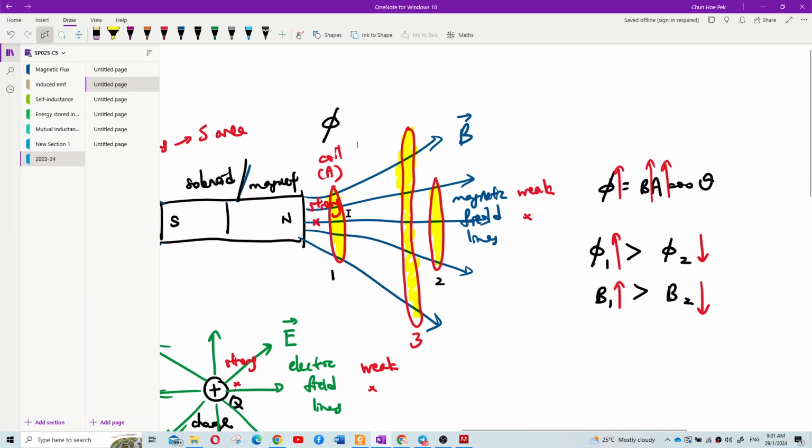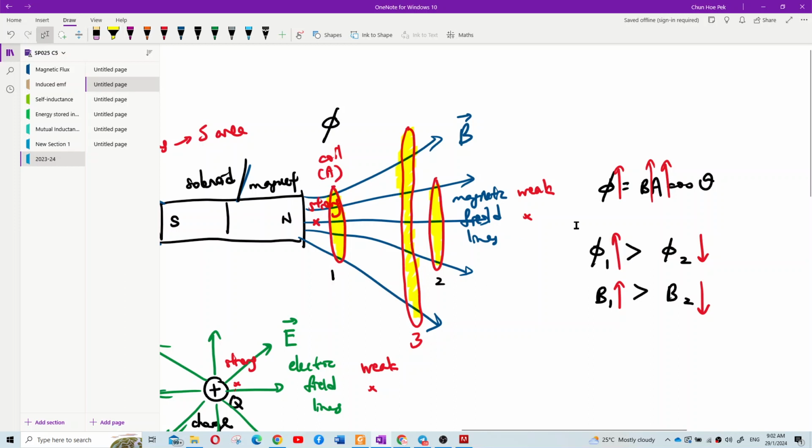If I move this coil from position 1 to position 2, or position 2 to position 1, is there any change in the magnetic flux? Position 1 and position 2, is their flux the same? Different, isn't it?